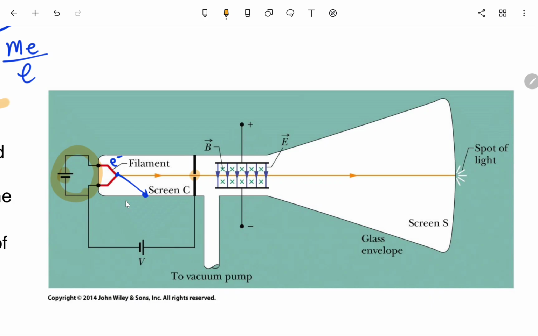And starting from here up to here, we have another battery, which means inside this region we have an E field, actually pointing to the left side.